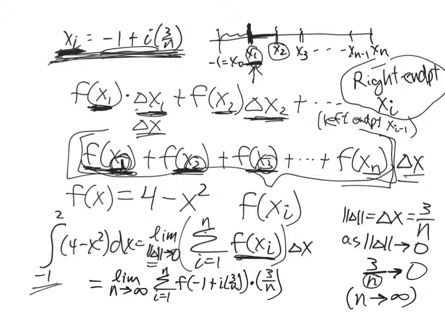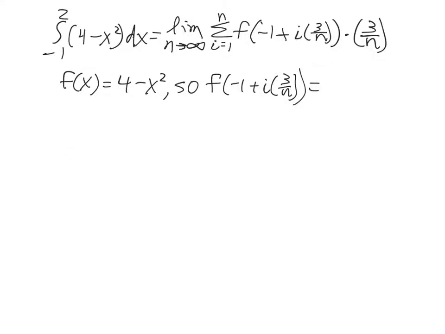Now, one more calculation. In particular, we need to input our x sub i into our function, 4 minus x squared, and then we'll have our summation to calculate. So we're ready to show what this represents based on our function 4 minus x squared.